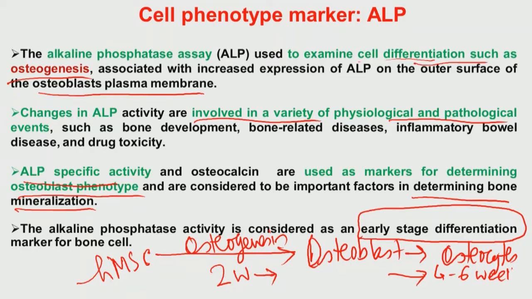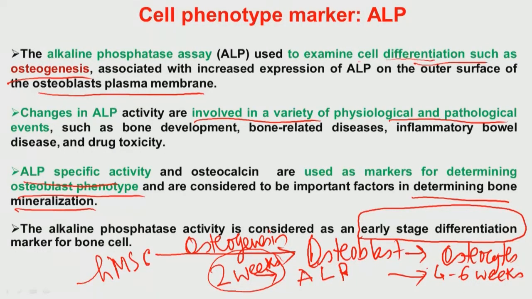So, you can see that at different time frames you are detecting whether there is any signature of differentiation of human mesenchymal stem cells to osteoblast. In the early stage, up to 2 to 3 weeks, you can see whether ALP expression is increased or not. If ALP expression is increased at the early stage, then you can be very sure that these human mesenchymal stem cells are undergoing osteogenesis.